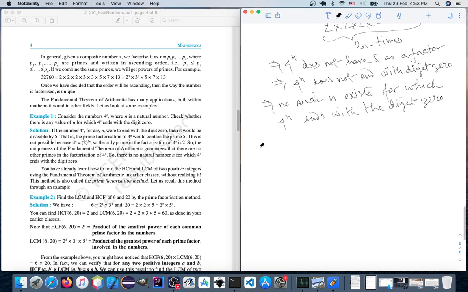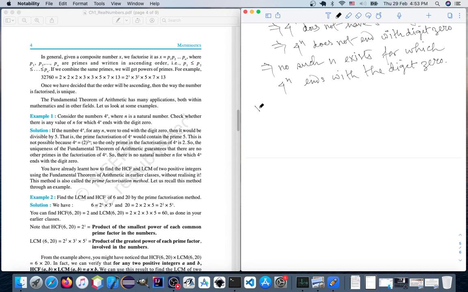So just write it down. This point: prime factorization method. What is it?